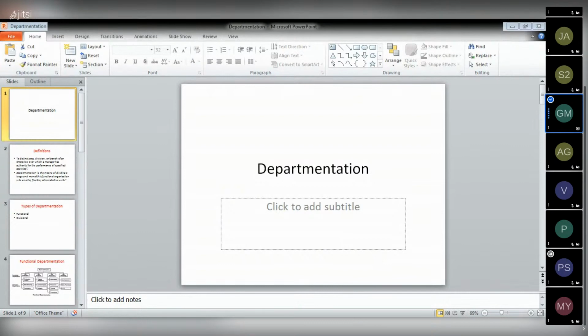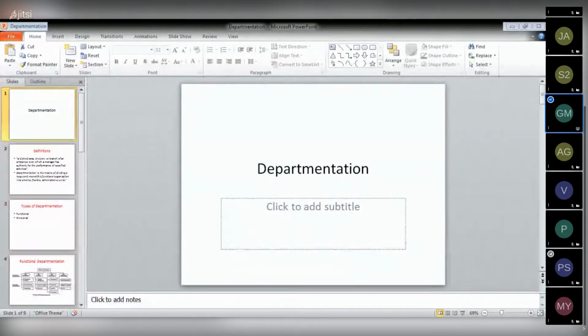By giving only responsibility, they cannot achieve that. So responsibility and authority both have to be given to each and every individual. Then only can they effectively achieve the objectives of the organization. So that overview you will come to know.